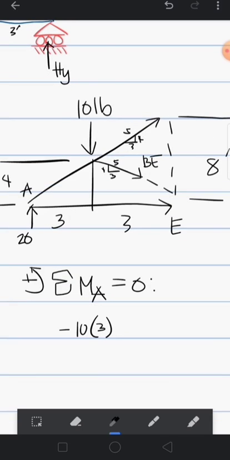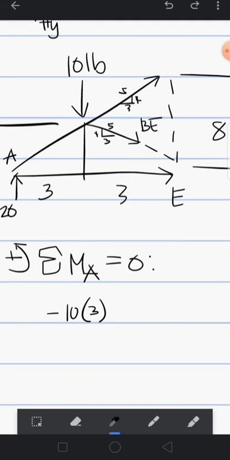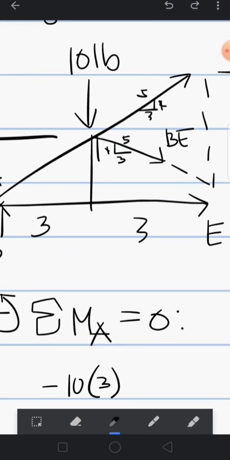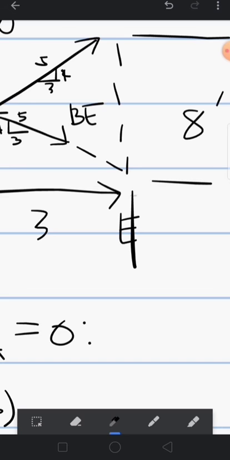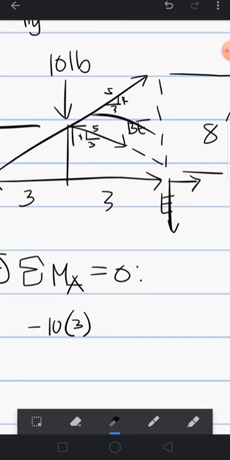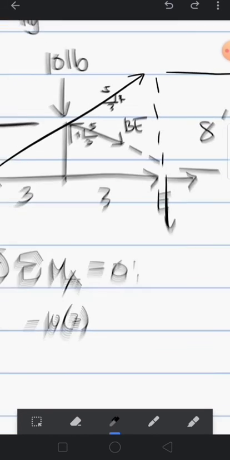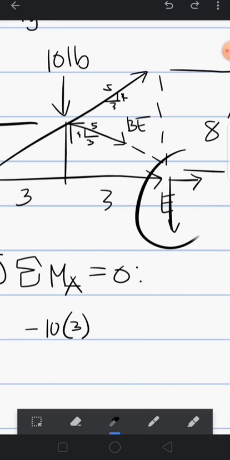The other two forces have no moment. For BE, I can resolve it at point E, since it can be resolved anywhere along its line of action.